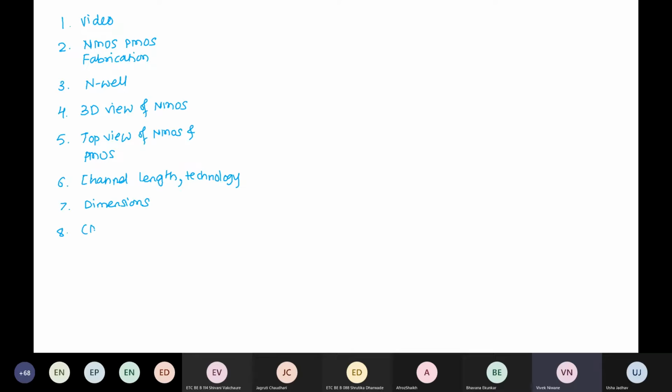8th है, now I want to go for CMOS design. Okay, CMOS design में क्या है? What is the full form for CMOS? It says that complementary metal oxide semiconductor. मतलब क्या?